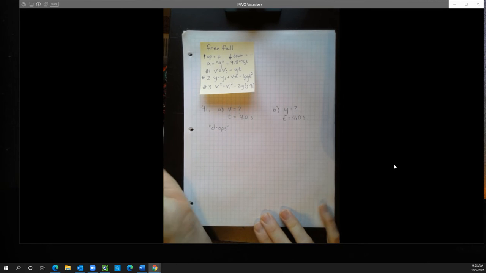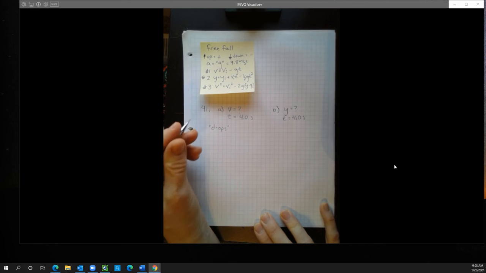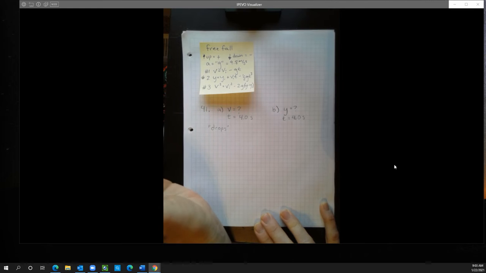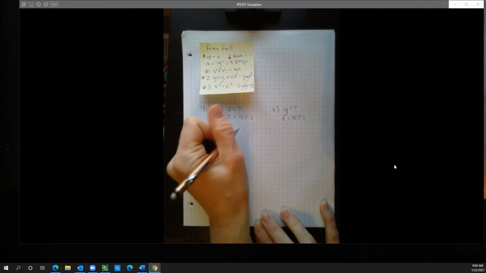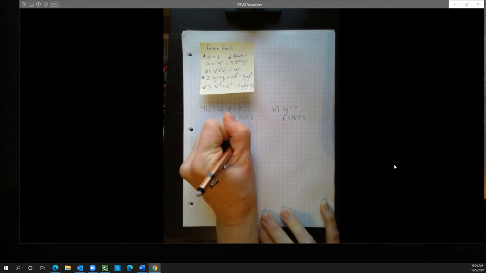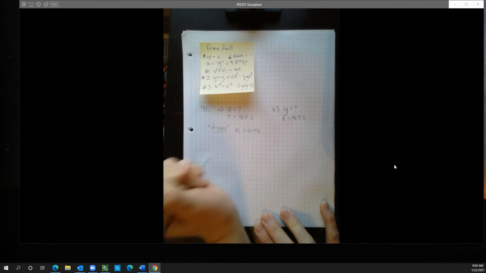Whenever a problem uses the word drop, that indicates that the person or the mechanism of release didn't give the object a starting velocity. It was simply released rather than thrown or shot out of some projectile situation. So whenever we see the word drops, we know the starting velocity is 0 meters per second.